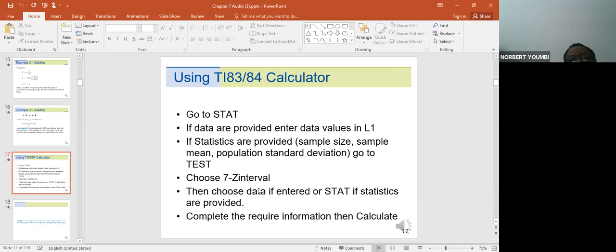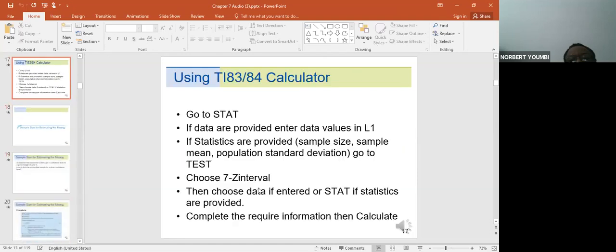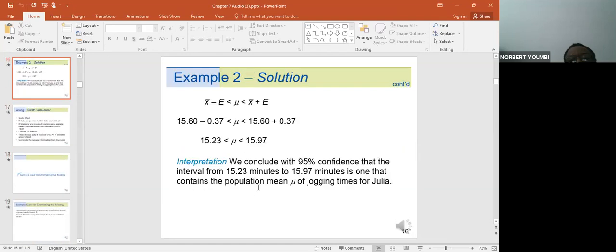Then because you are using the statistics, you press enter and choose sigma. The value that is provided was 1.8. Then the sample mean, which was 15.6.